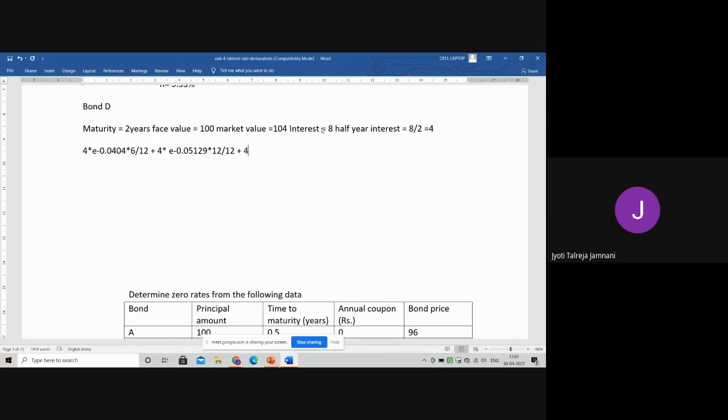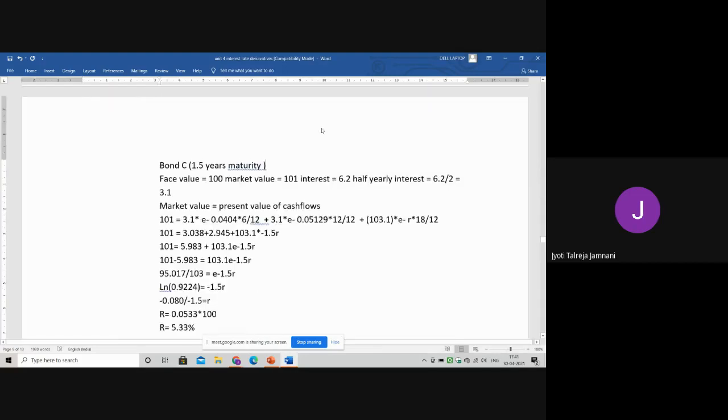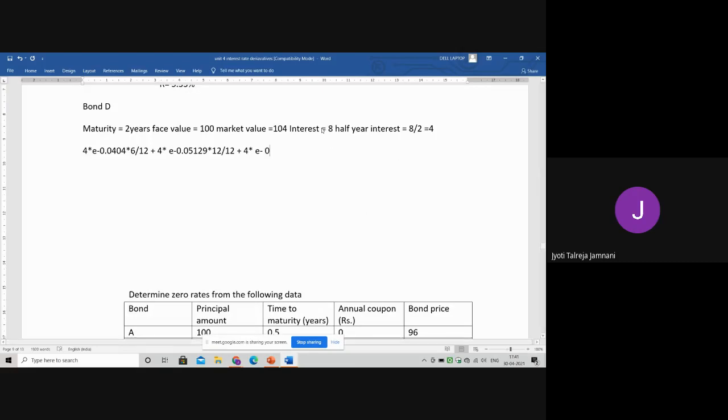Then the third interest after 1.5 years, into e raised to minus the bond C rate, which was for 1.5 years, 5.33. So 0.0533 into 18 by 12, 1.5 years.